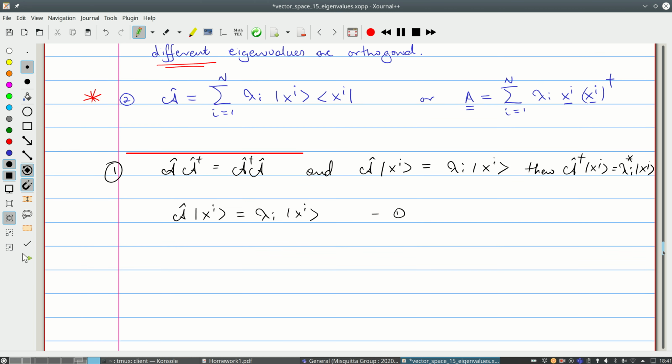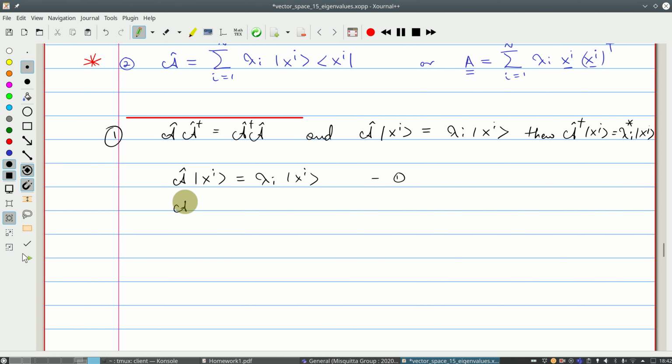And the second is A xj is equal to lambda j xj. And we are also told that lambda I is not equal to lambda j.